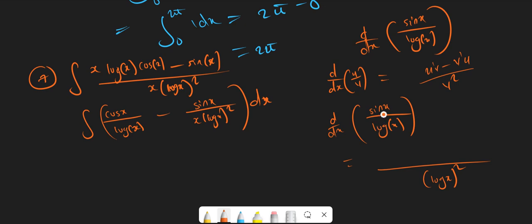Then at the top, we differentiate sine x to get cosine of x, multiplied by the logarithm of x squared. Then we subtract the derivative of log x, which is going to be 1 over x, of course.